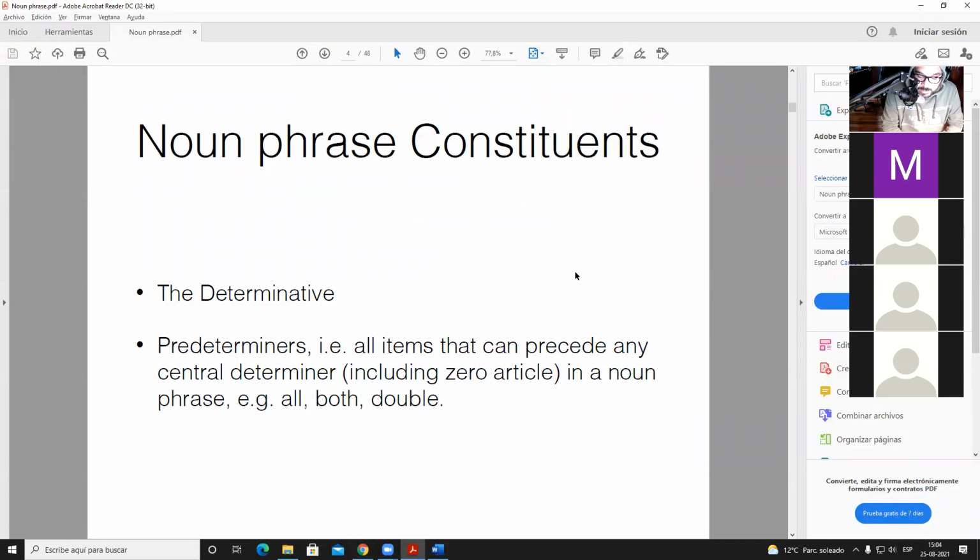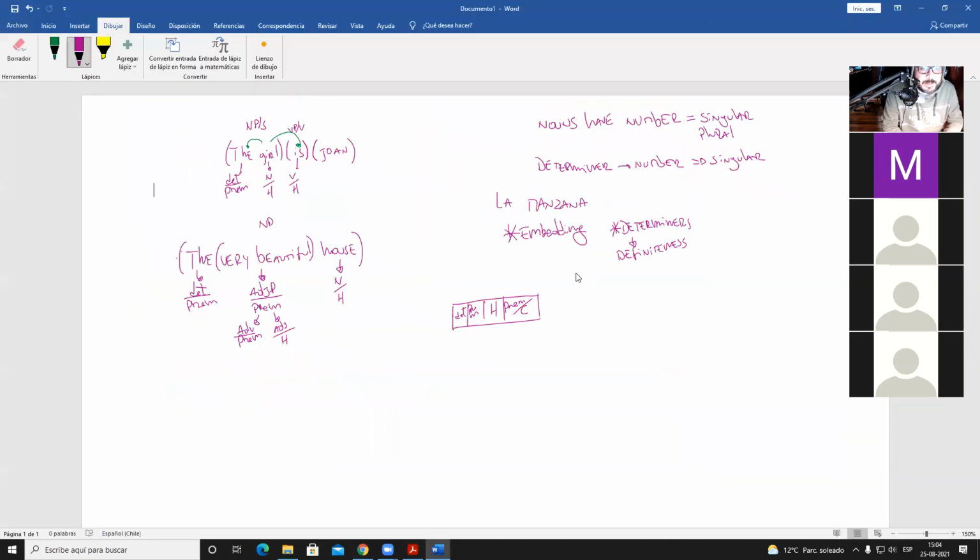Well, summary. Determiners provide the idea of definiteness, but I would also add the idea of number. On the other hand, they are not one group of words, but several.